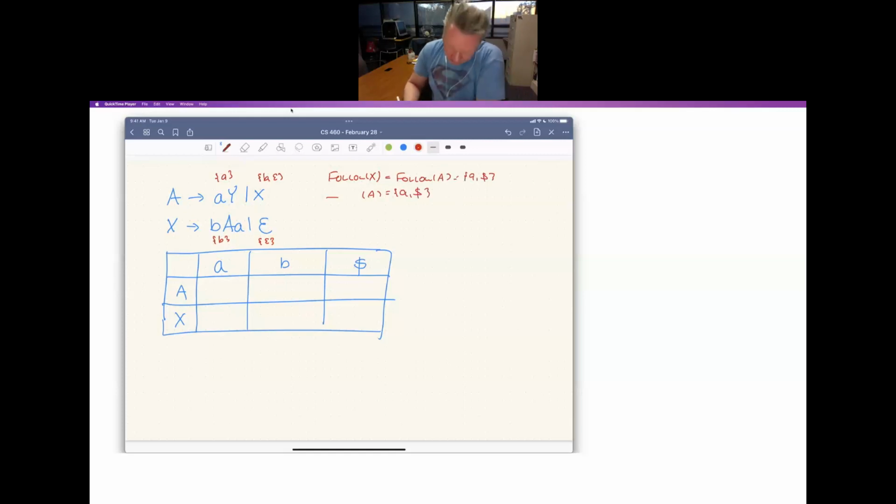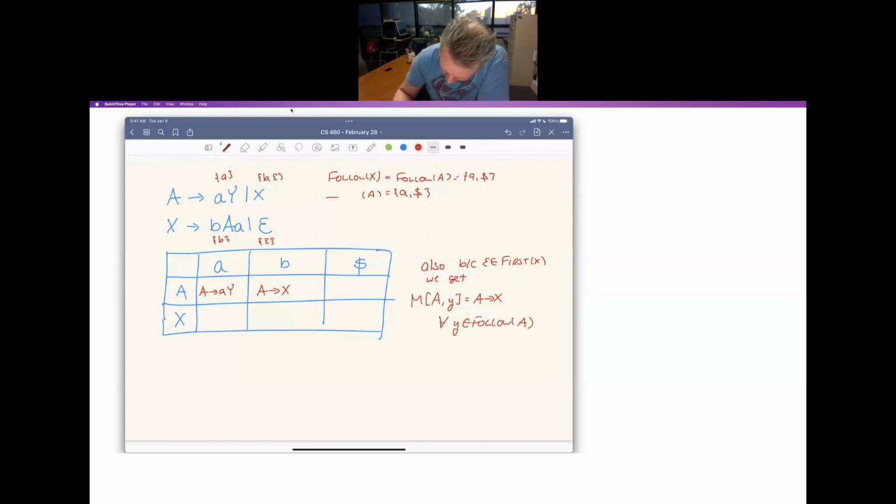So if I try filling this in now, surely here we get A goes to a y. Then I get A goes to x there, but also because epsilon is in the first of x, we get M of A comma little y is A goes to x for all little y in the follow of the left-hand side, which is A, and that follow set is a and dollar.